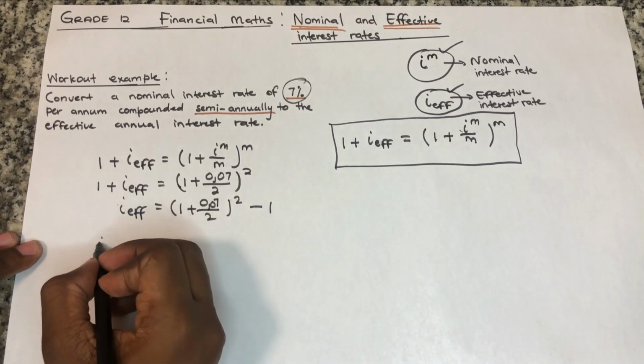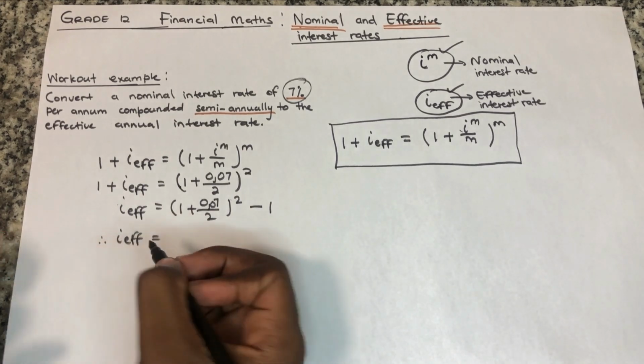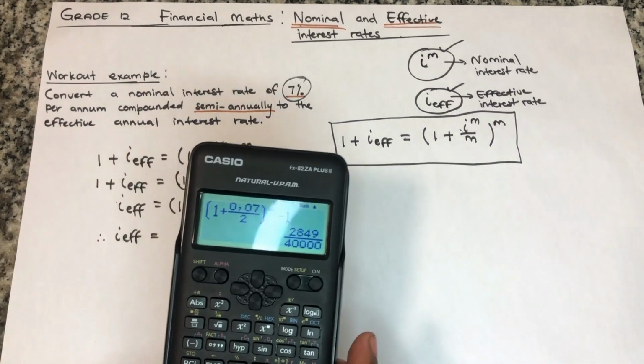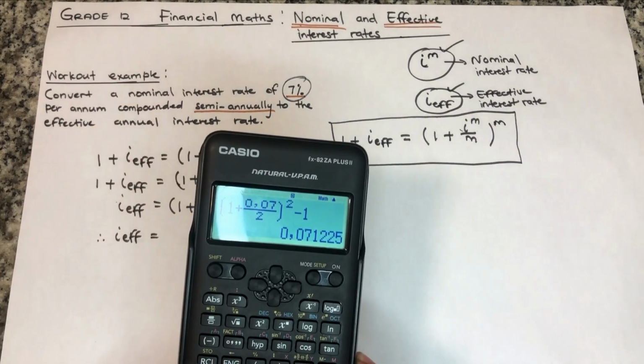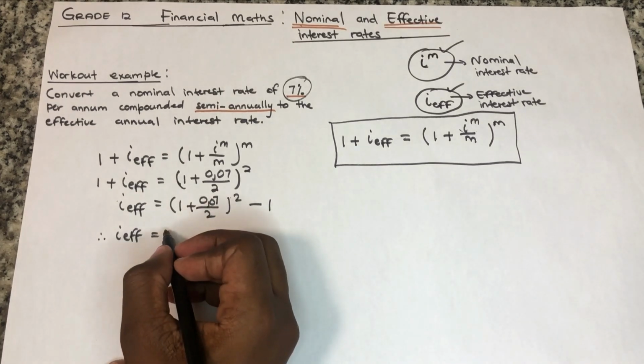Therefore our IEFF will be equal to, let's press that on the calculator: 1 plus 0.07 divided by 2, to the power of 2 outside, minus 1. This is it. That's going to be 0.071225.